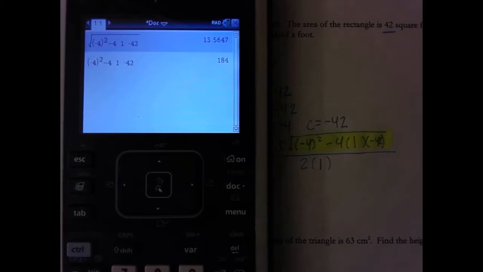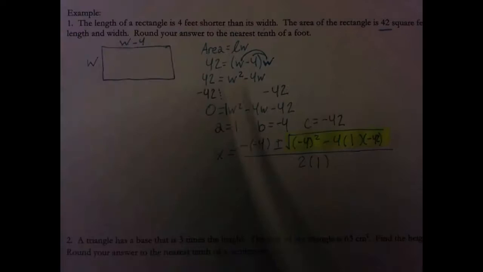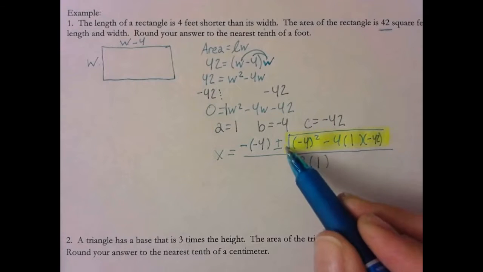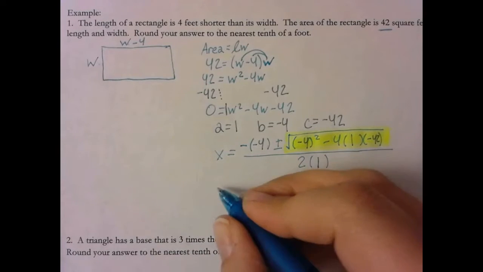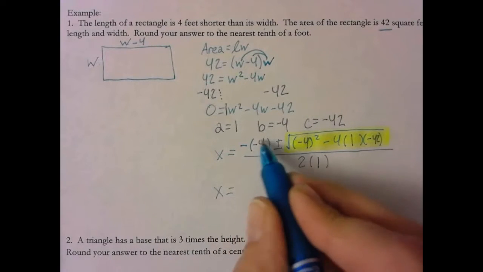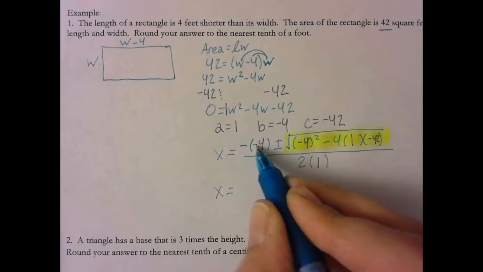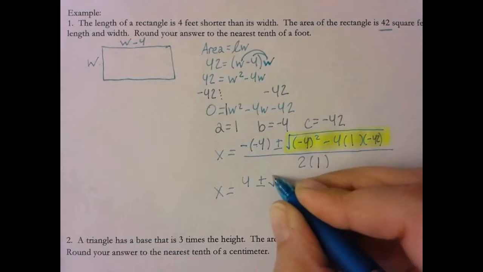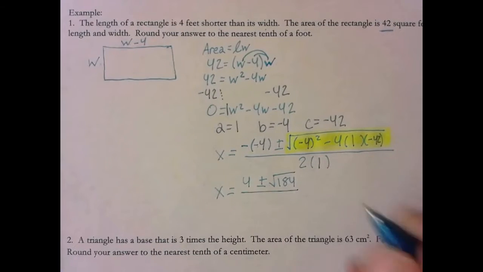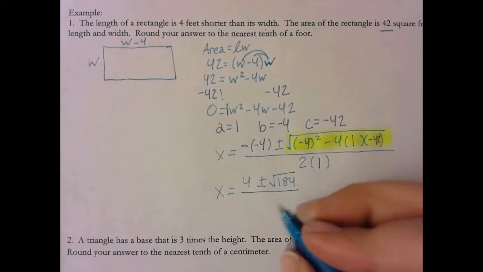Okay, I find out it's 184. That means we can replace everything under the square root with the number 184. So x equals, you know what, let's deal with this. Negative times a negative always gives me a positive. So this is positive 4, plus or minus the square root of 184, all over 2 times 1. Well, that's 2.